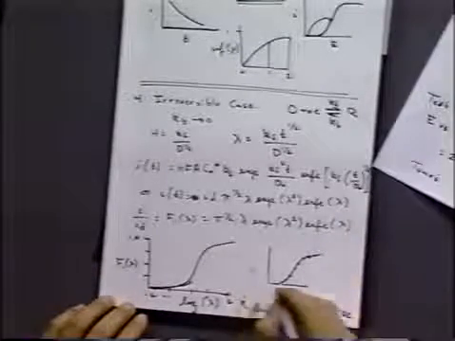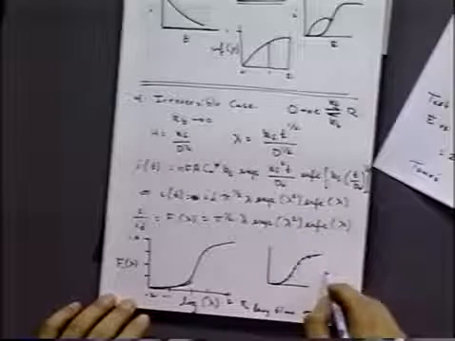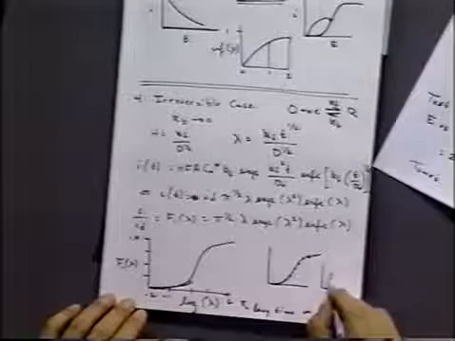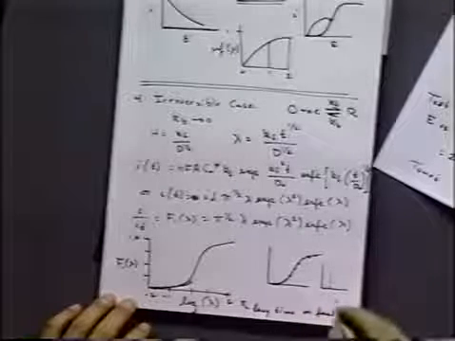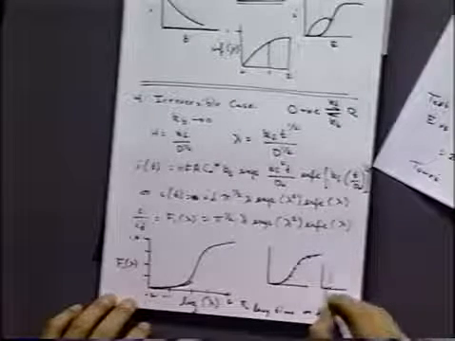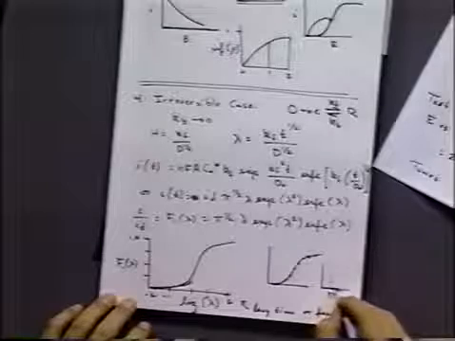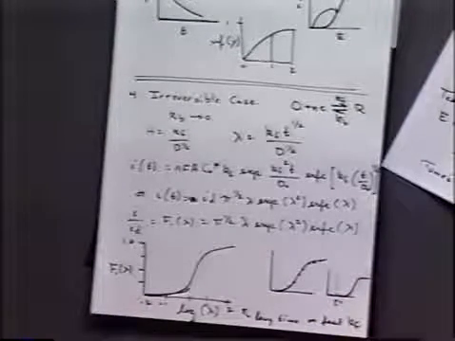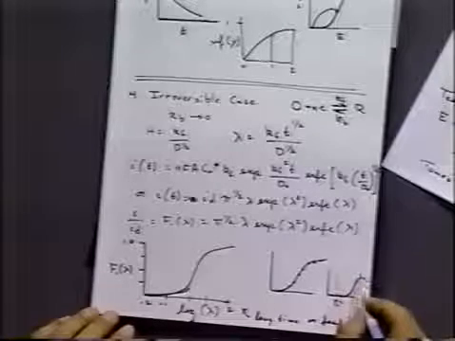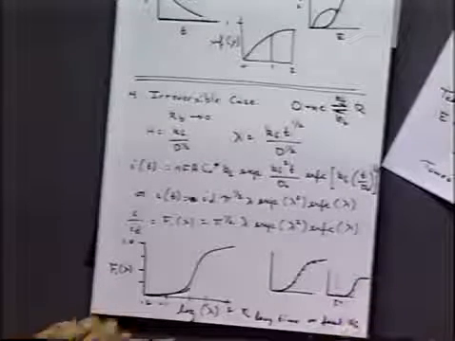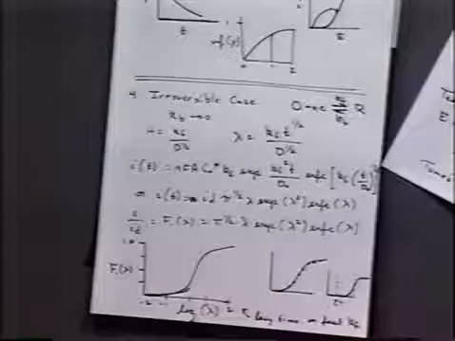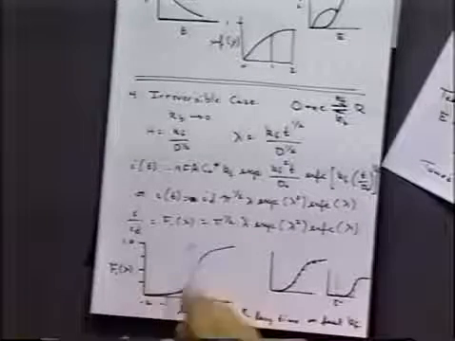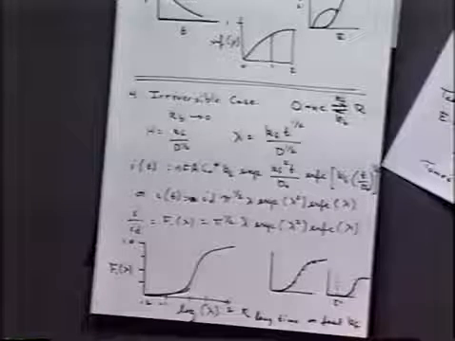What you see for irreversible sampled current voltammograms is that rather than having a half-wave potential at E0, the wave is shifted significantly negative, for example for a reduction process, and the half-wave potential will be shifted away from that. How much it's shifted depends on exactly the value of k sub f.